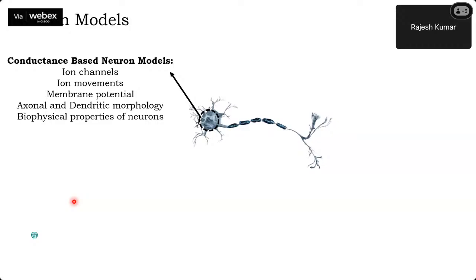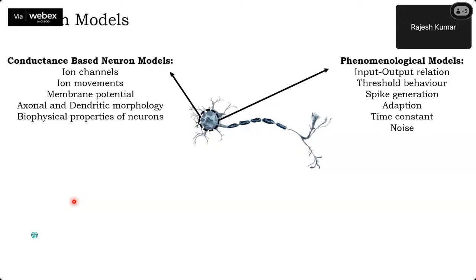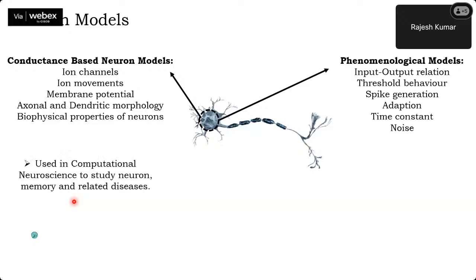These are the areas people have explored, which are there in the actual biological neuron, to develop certain kinds of models. There are other models, which are phenomenological models, where we talk about input-output relations, spike generation, time constant, noise. That is the behavior part of it.